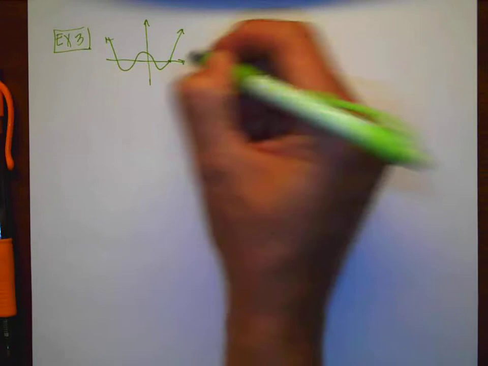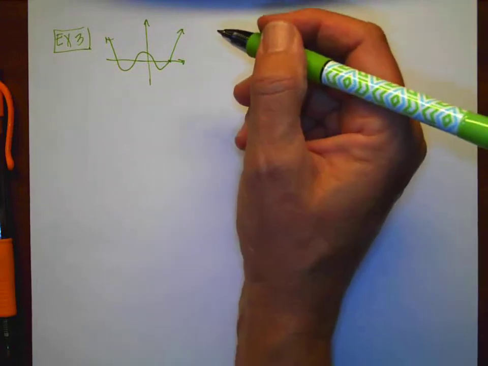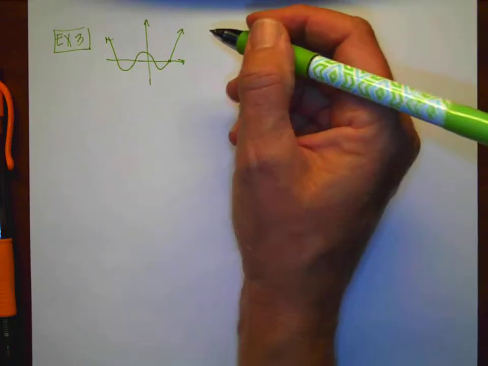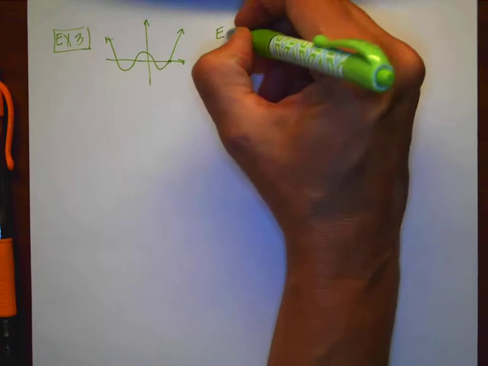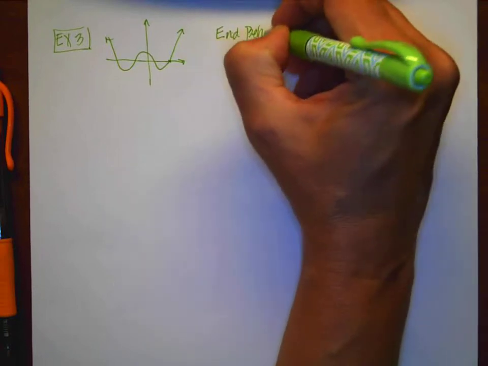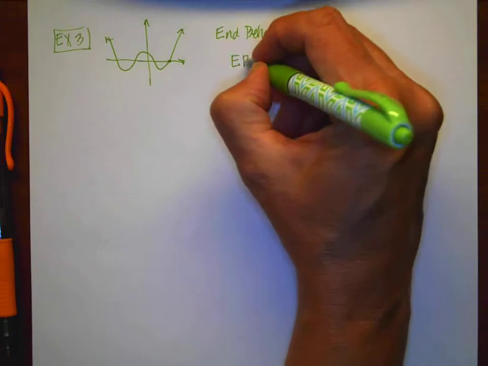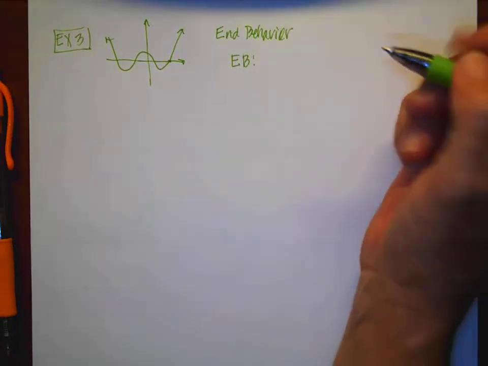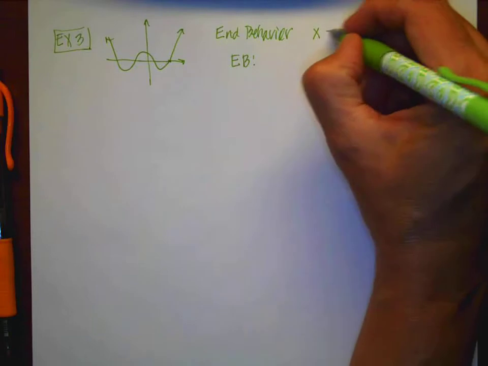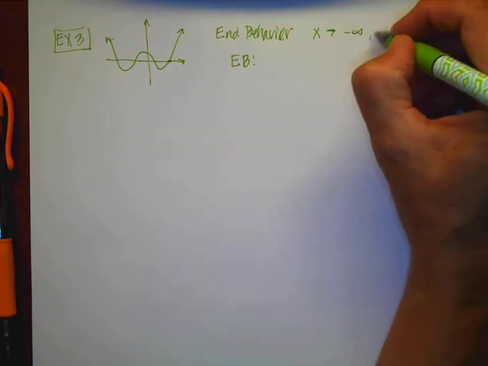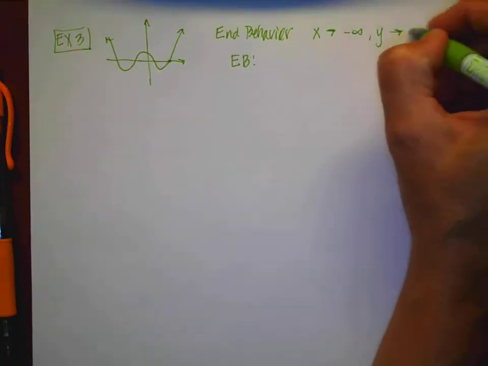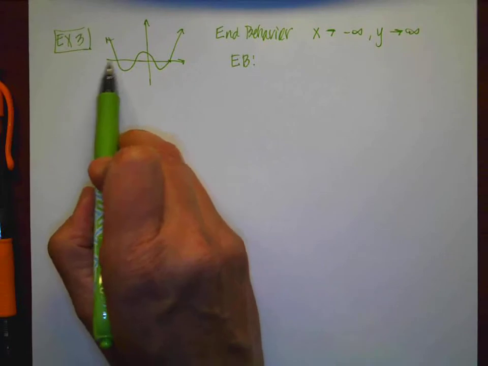All right, we're going to look at one more function, and it might be something that's raised to the fourth power, because oftentimes a fourth degree polynomial looks kind of like a W. So if I'm talking about the end behavior, and on an exam or a quest, I don't mind if you write EB because we would understand that that means end behavior. As x approaches negative infinity, the y values are approaching positive infinity.